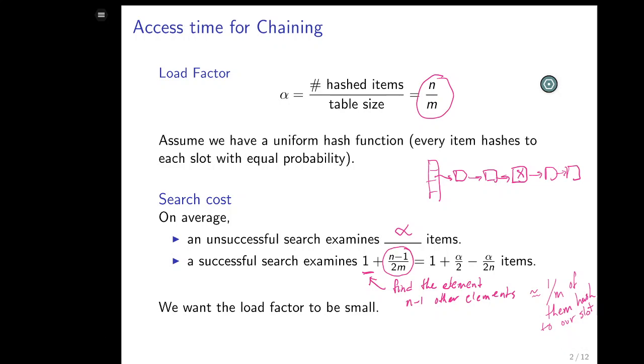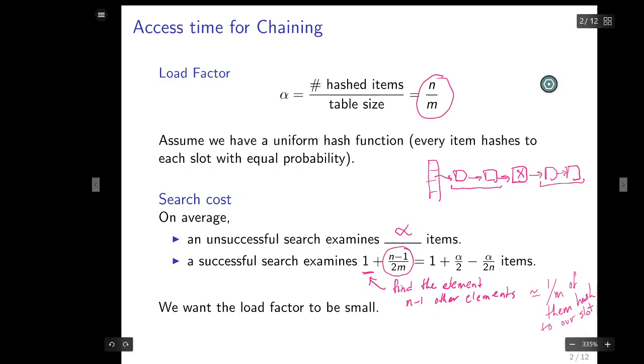Because on average, you're going to have that in the middle. Yeah, so if these elements are inserted in some random way, then the number of things that precede x is about the same as the number of things that follow x in this linked list.